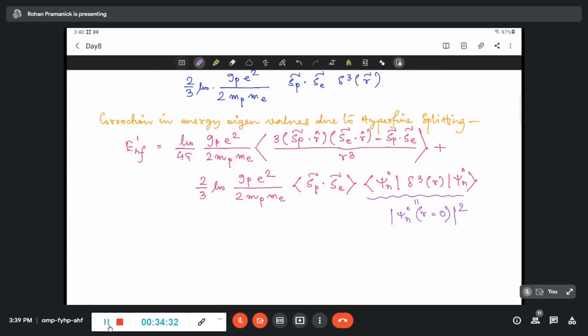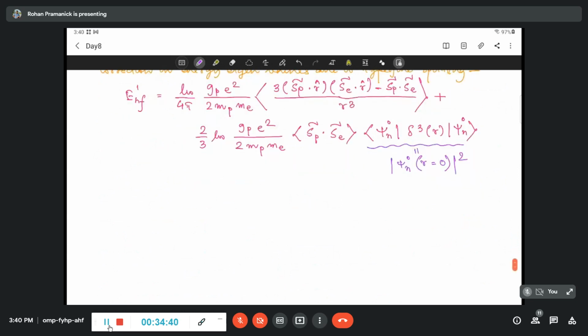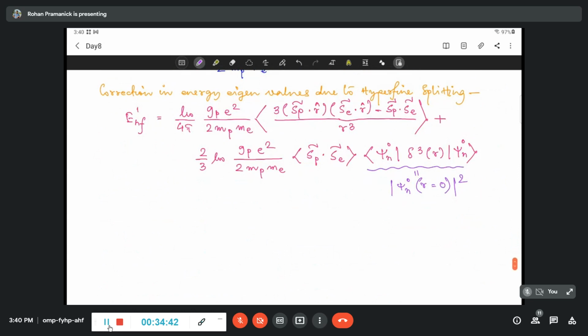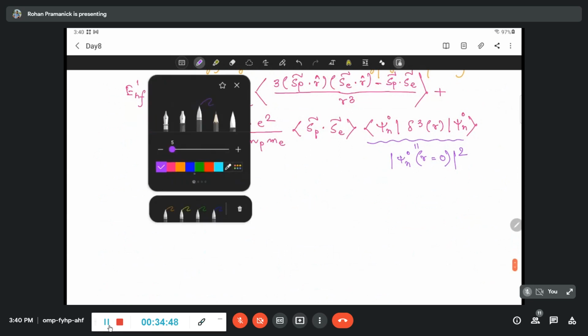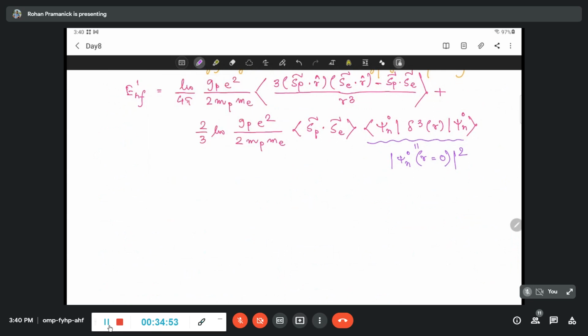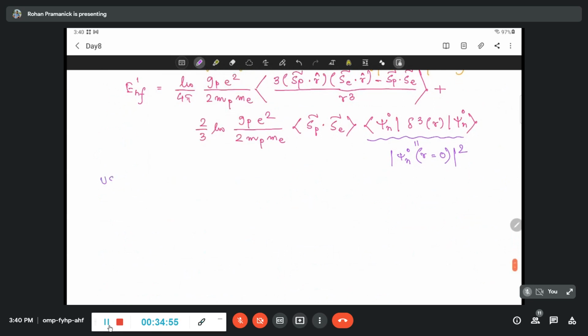What you have to do is that you have to know an integral which looks something like this. If you do this integral, you have to know this integral. So we use this integral: 0 to pi, 0 to 2 pi.